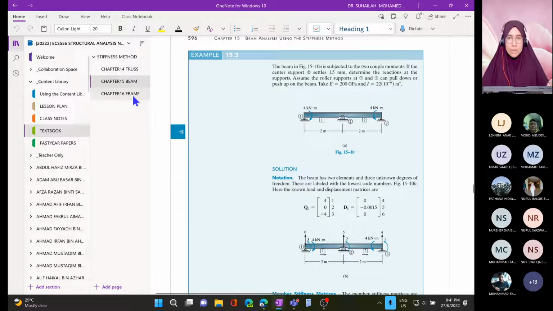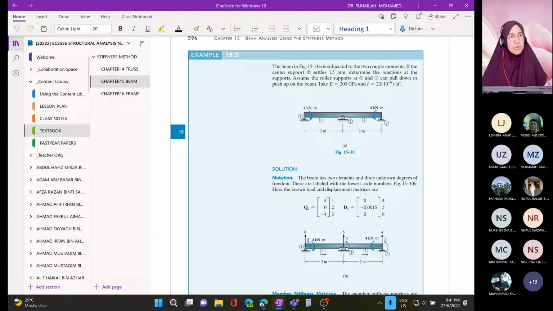So now is week number 12. Based on the lesson plan for ECS 556, week number 12 is for frame analysis. Basically, whether it is truss or beam or frame, we have to do the same procedure in order to analyze, because we are going to determine unknown displacement followed by unknown reaction.